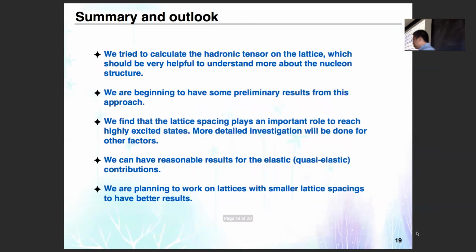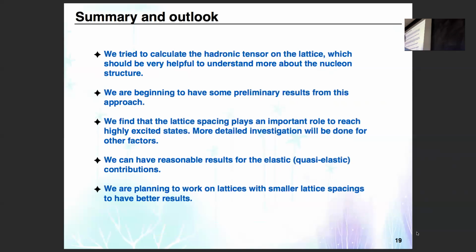So let me summarize. We tried to calculate the hadronic tensor on the lattice, which should help us understand more about the structures. We are beginning to have some preliminary results from this approach. We found that the lattice spacing plays a very important role in reaching highly excited states.